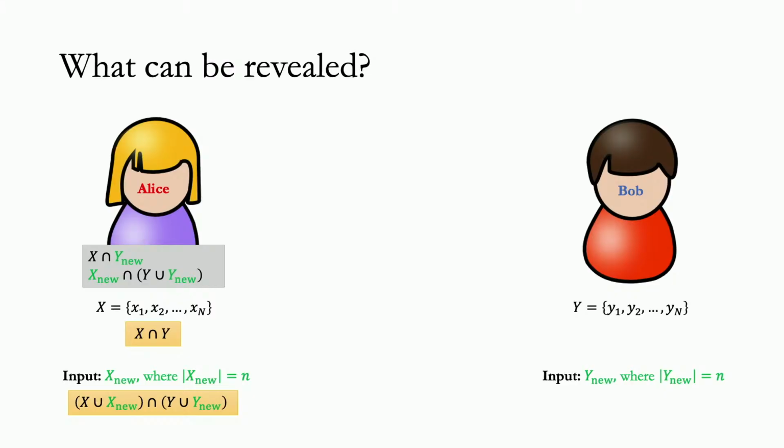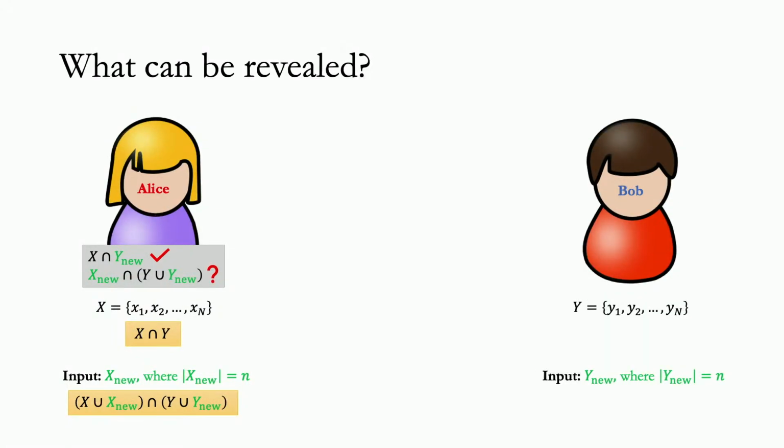One is her old set intersect with Bob's new elements. The other is her new elements intersect with Bob's entire new set. Okay? So if you look at the Diffie-Hellman-based PSI, the first set can be learned by the streaming feature. The question is how to learn the second set.